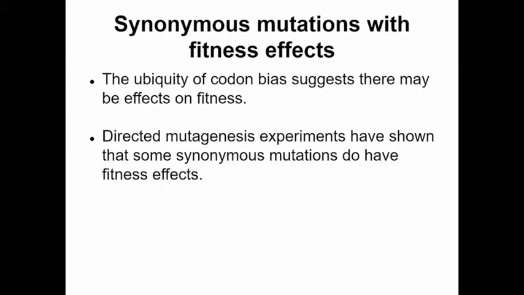There are also some directed experiments that have looked at specifically generating mutants through targeted mutagenesis and looking at the effects of those mutations. Some of those experiments have shown that synonymous mutations can have pretty significant fitness effects.